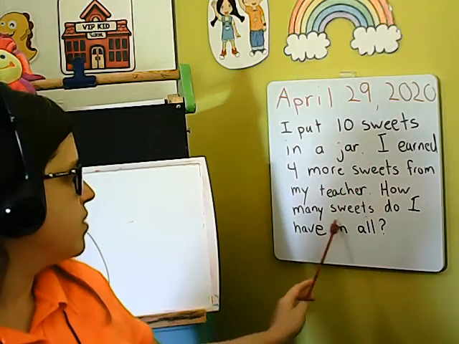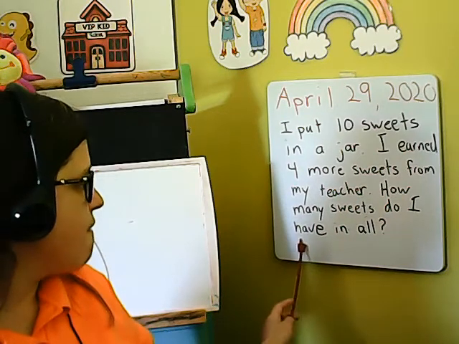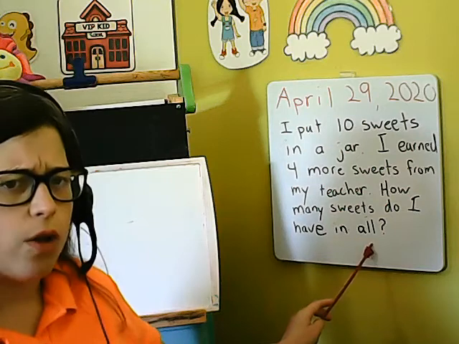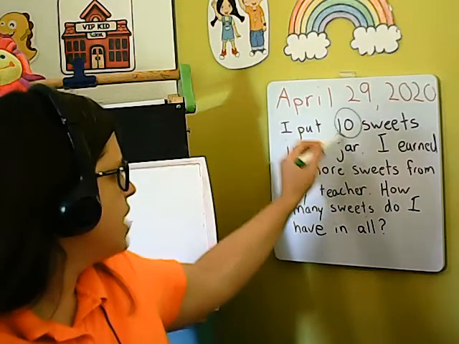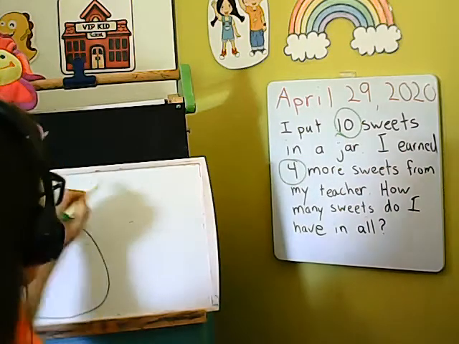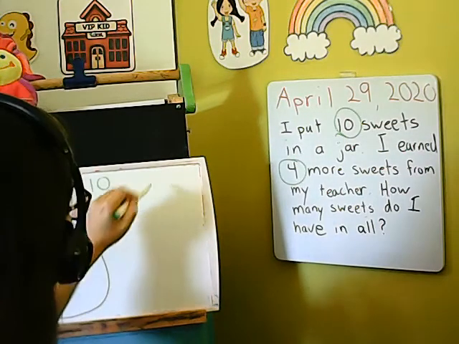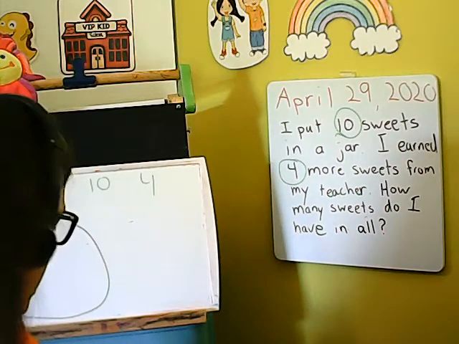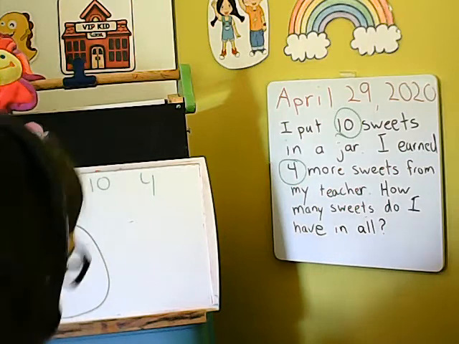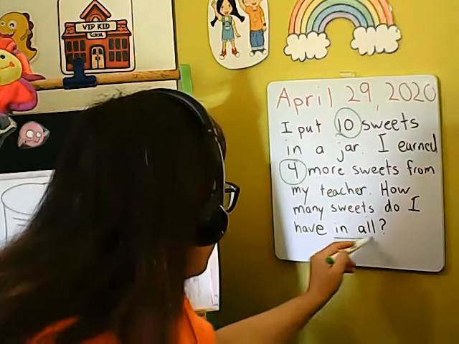How many sweets do I have in all? So let's see, I'm going to circle my numbers. I have a 10 and I have a 4. I'm going to go ahead and write those up here. 10 and 4.